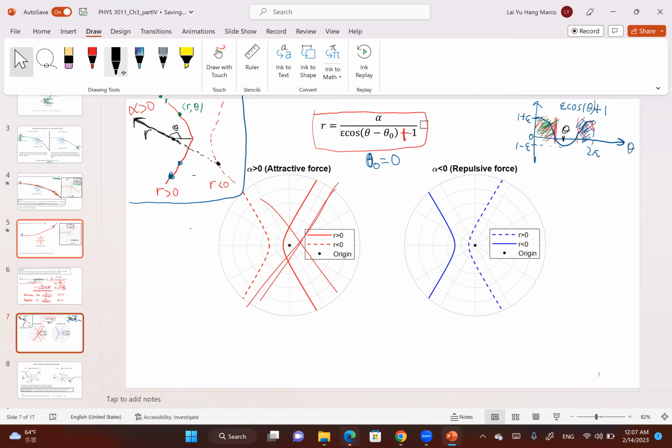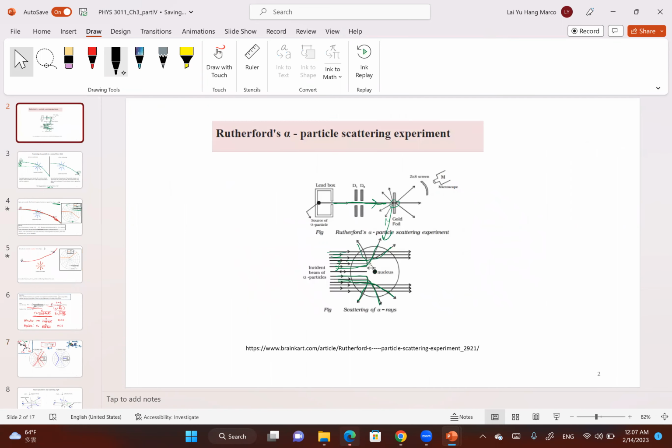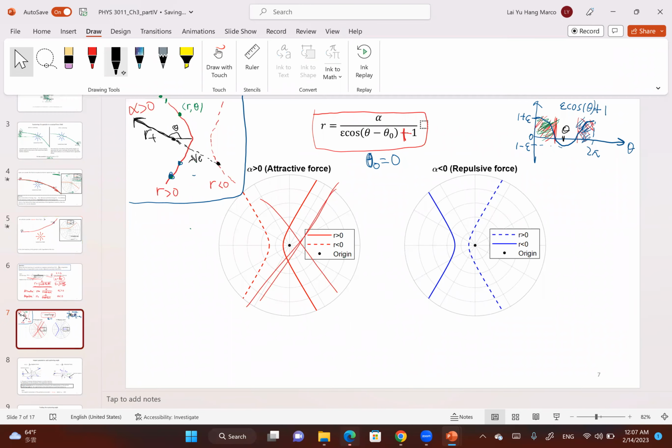It's a negative value of r over here, and this side represents positive value of r. That's why I have this point, and it is a point on this dashed curve.